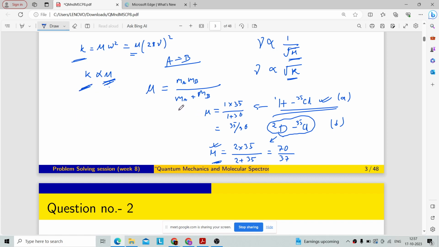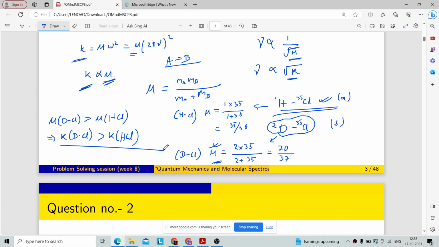So mu of DCl is more than mu of HCl. This implies the force constant of DCl is more than the force constant of HCl, right?